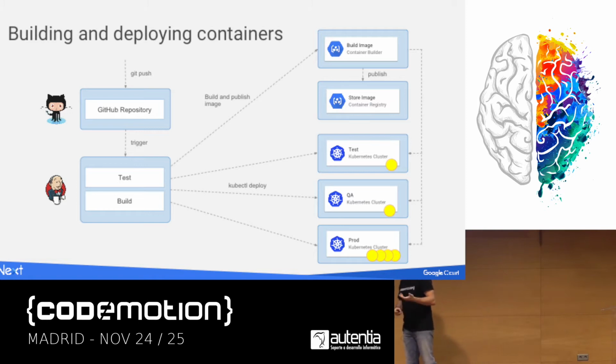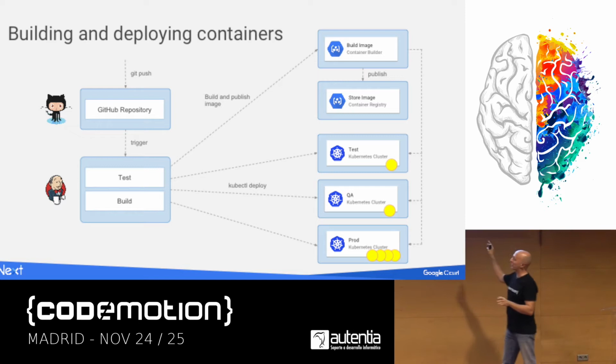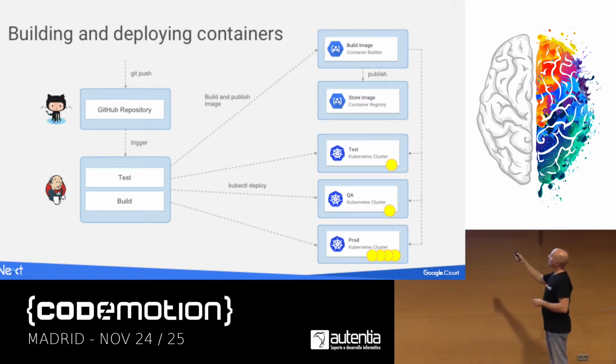So if I'm adding Kubernetes to the same diagram that we were working with before, code goes to a Git repository. Your continuous integration pipeline is going to be triggered, and I'm going to build a Docker image and put it somewhere. Once done, the rest is just kubectl deploy.